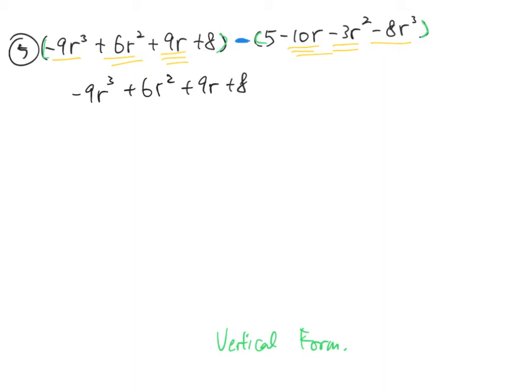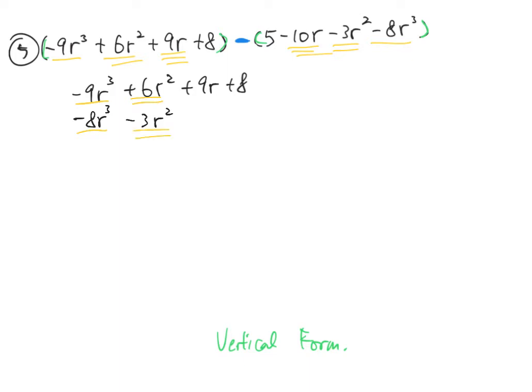First of all, we copy the like term of r cubed, 9r cubed, and that should be negative 8r cubed. These two are like terms. The next should be minus 3r squared, the second like term.